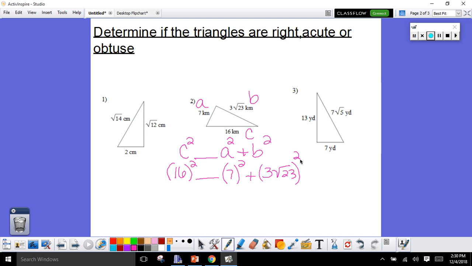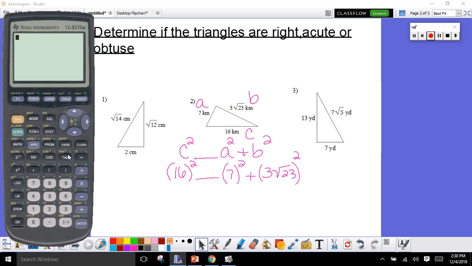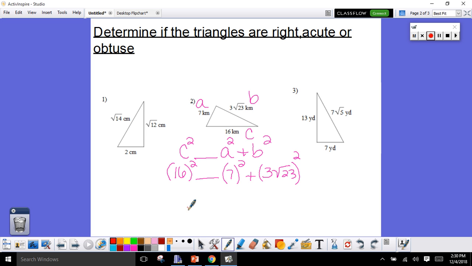So I'm going to take my calculator and I am going to put 16 squared. That's going to give me 256. So I will write 256. I leave my space.